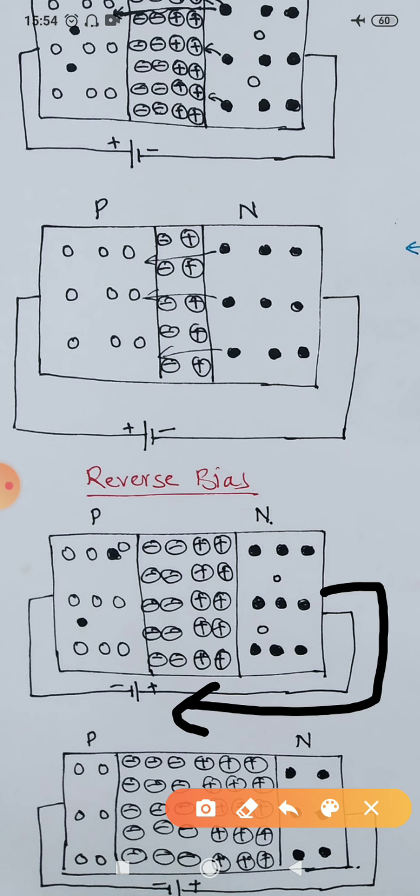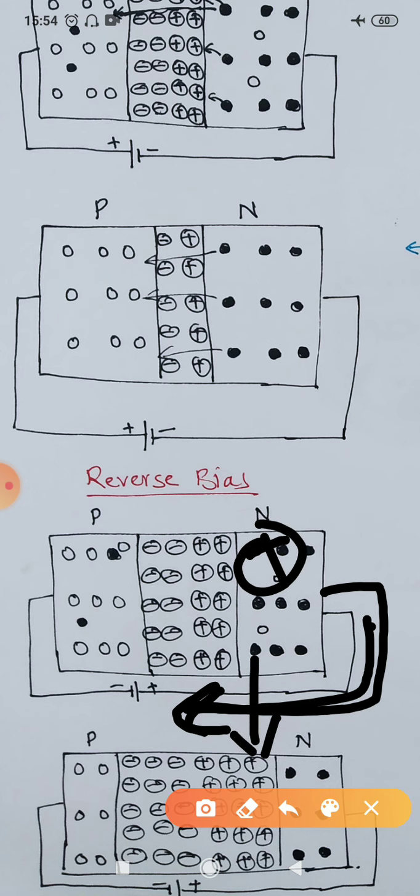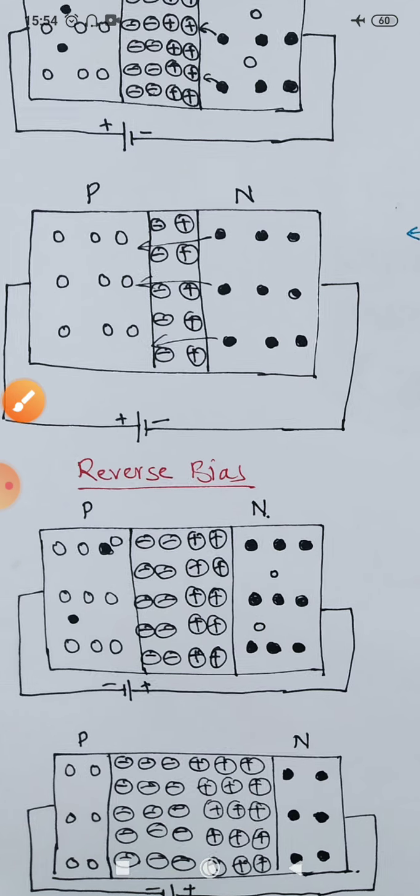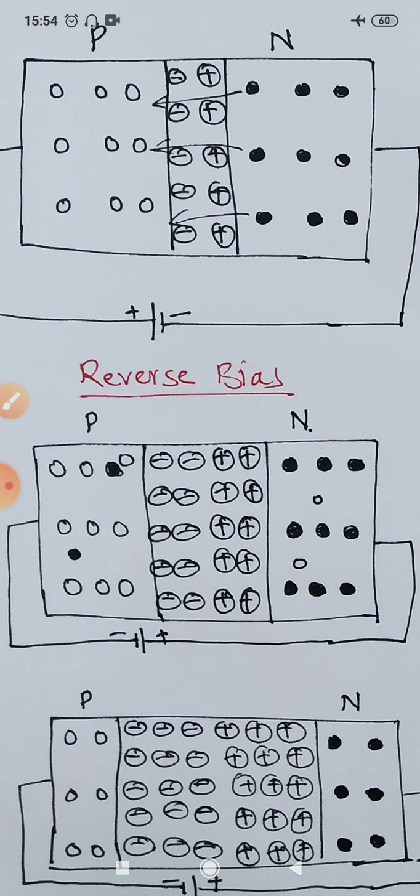As a result, these electrons continuously come out of the semiconductor material and enter into the battery. Then the semiconductor material has lost one electron. When it loses electrons, it builds up a positive charge continuously. As you can see here, on N side, positive charge is built up continuously. In a similar way, on P side, negative charge is built up continuously. Because of this charge build-up, the depletion layer width increases.